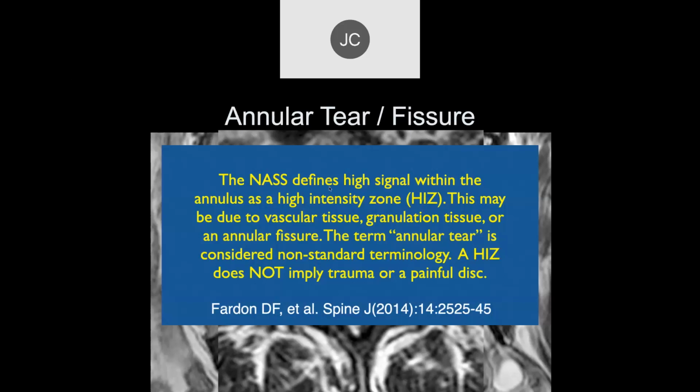And so the North American Spine Society suggests using the term high intensity zone. And histologically, when it's chronic, it's vascular tissue, granulation tissue, or earlier on it could be an annular fissure. But they strongly recommend not using the term annular tear.